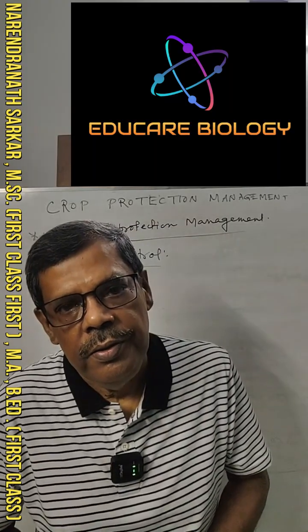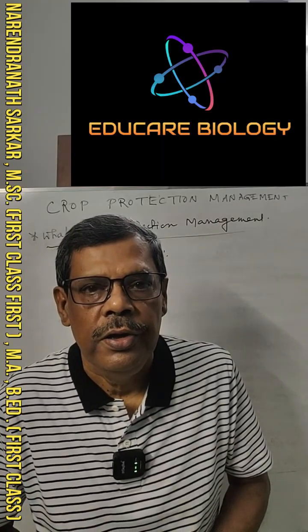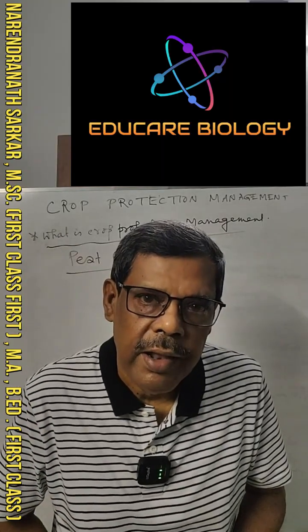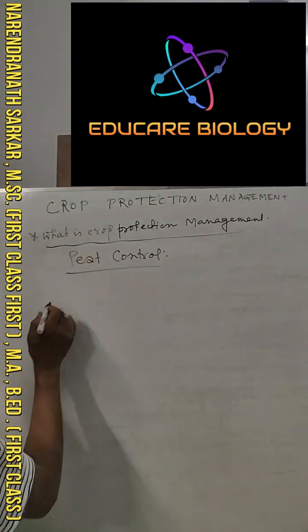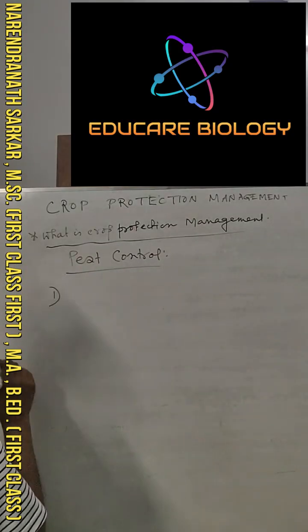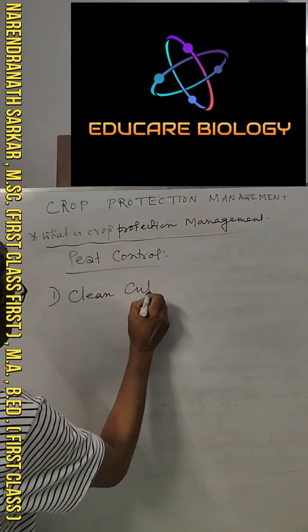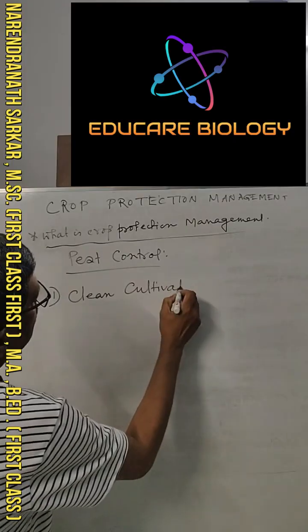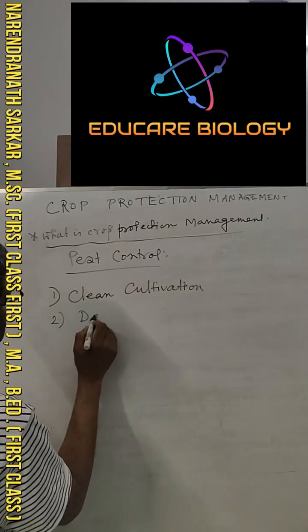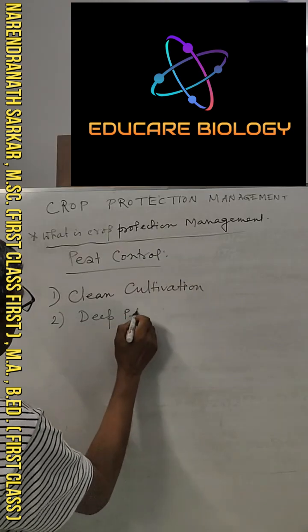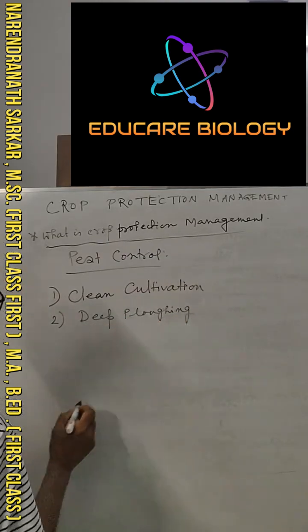Next, biocontrol methods would be applied. First of all, clean cultivation. Number two, deep ploughing.